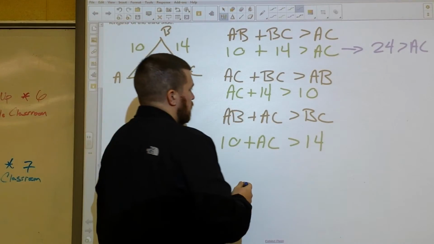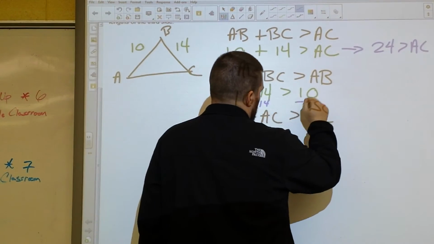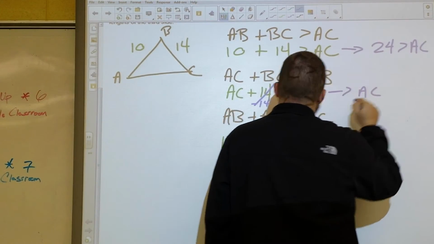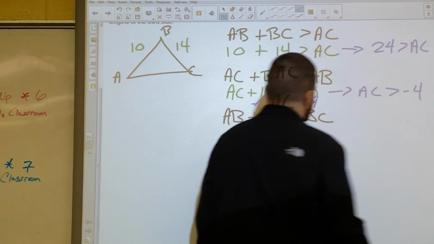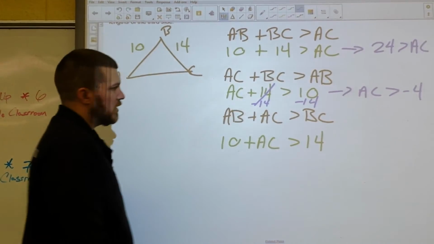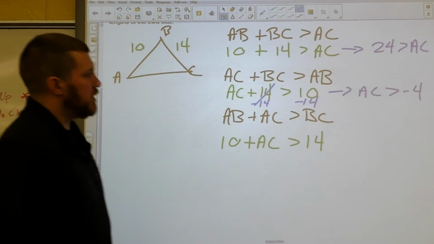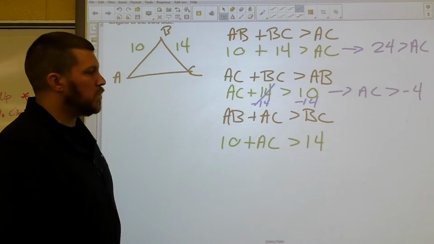So I'm going to subtract 14 on each side. The 14s cancel out. So I find that AC is bigger than negative 4. That kind of makes sense because since we're talking about lengths, AC cannot be negative. So we know that AC is bigger than negative 4 and smaller than 24.